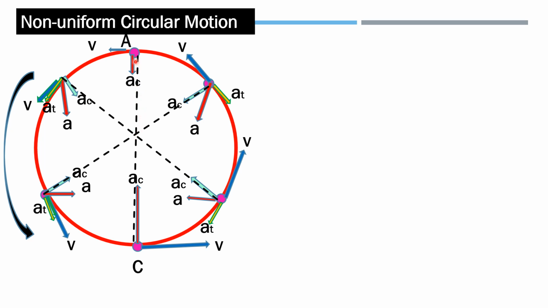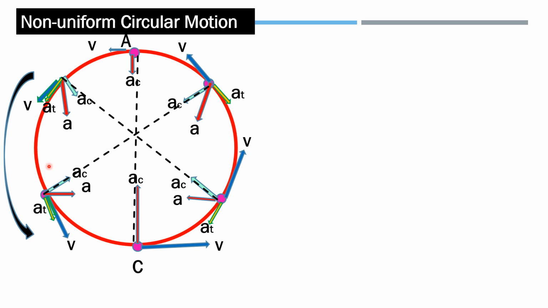At other points, such as point C, the same thing is done for the tangential velocity. It's directed tangent to that point. And then the centripetal acceleration, a_c, is also directed towards the center.